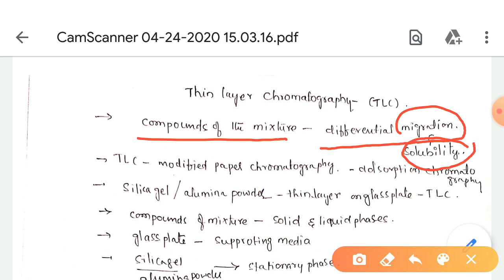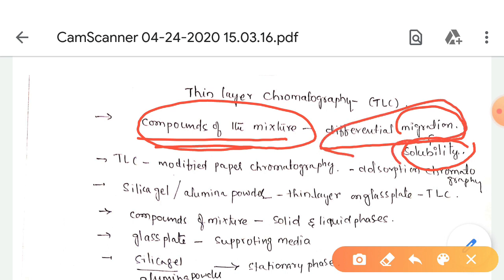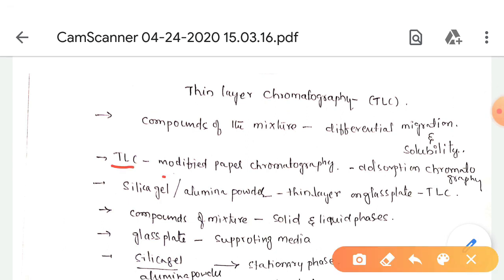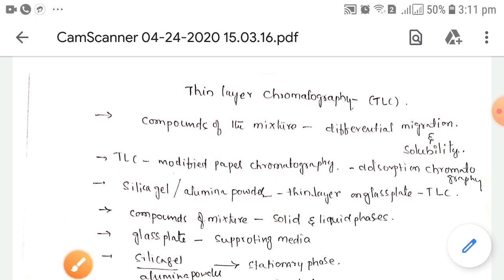Thin layer chromatography is simply called TLC. It's a modified paper chromatography and it's an adsorption chromatography.